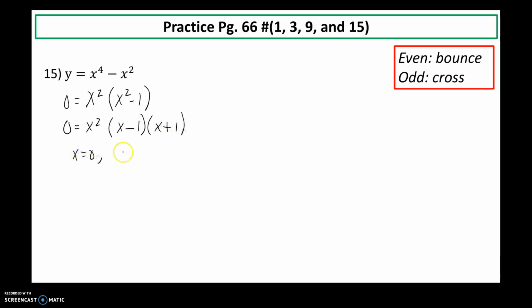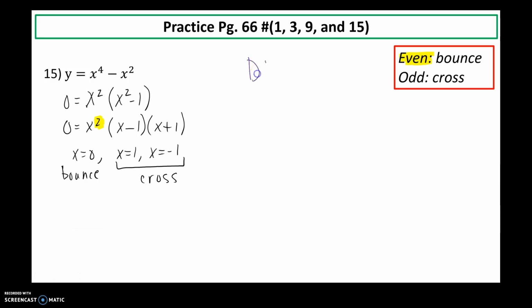So my zeros are 0, 1, and -1. Now this is different here. This is where I have an even exponent on the factor, so I'm going to have a bounce point at 0. I'm going to write that down. This is going to bounce at 0. These two are going to cross over the x-axis.